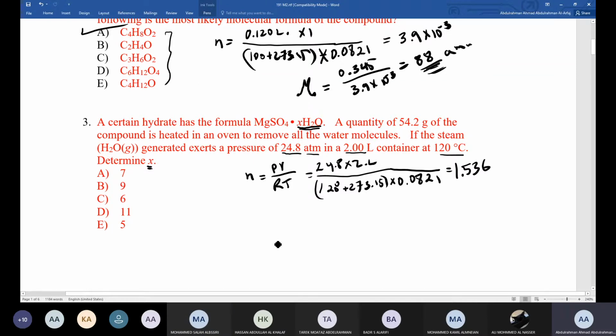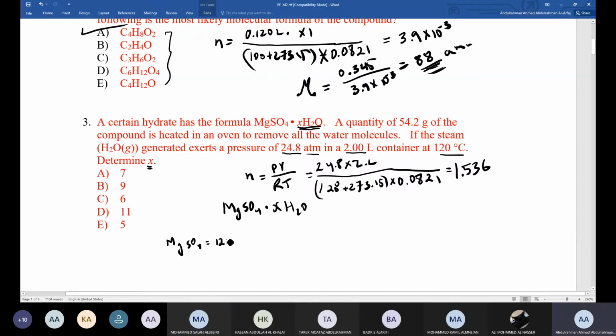How can you tell? Find the mass. First, what's the molar mass of MgSO4?